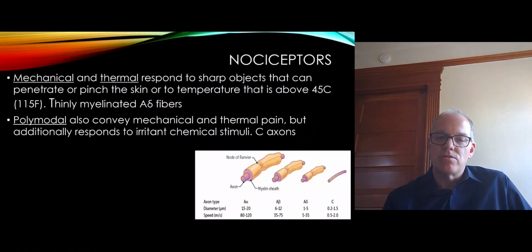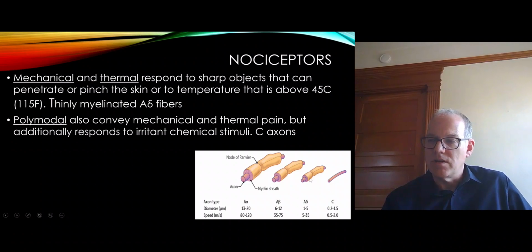We can divide these generally into two big categories, dependent on the nerves that relay that information to the spinal cord and subsequently to the brain. So we have these thinly myelinated A delta fibers right here. We can see these conduct about 5 to 35 meters per second, and these are important for mechanical and thermal pain.